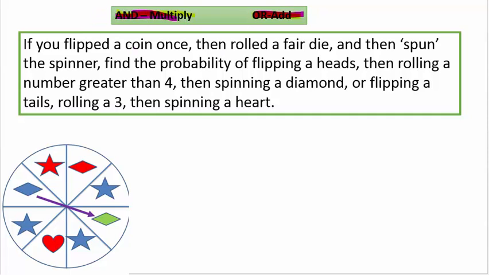So now we're going to do a similar problem, but this time you're going to find the probability of flipping a heads, then rolling a number greater than 4, so that's and, got to get a number greater than 4, then spinning a diamond.